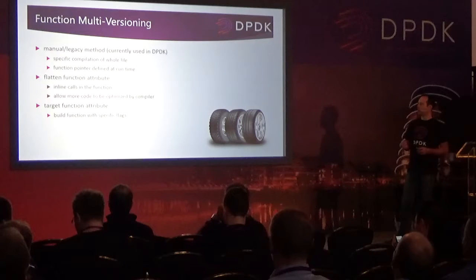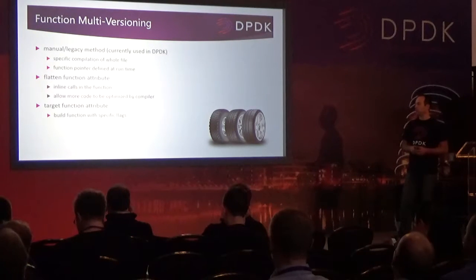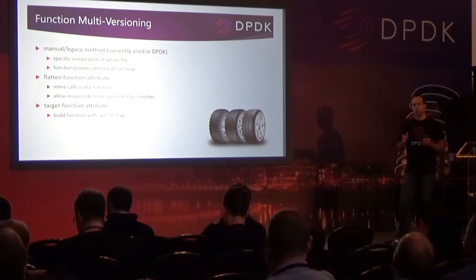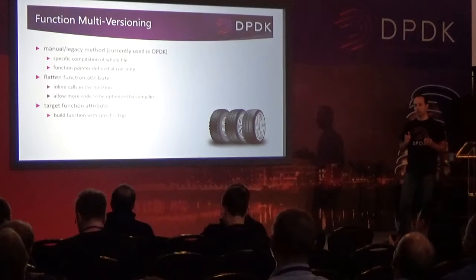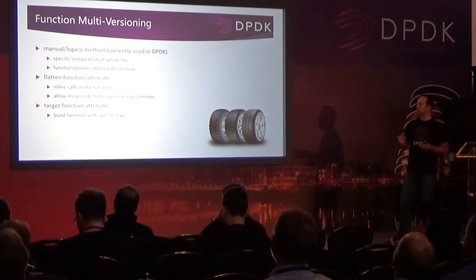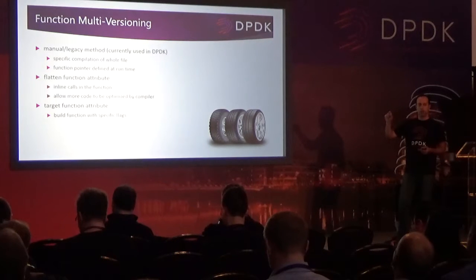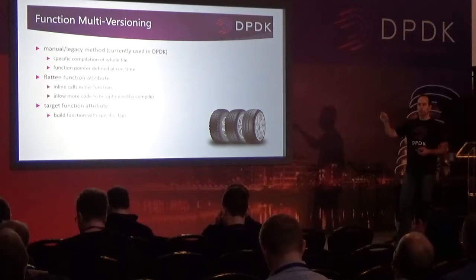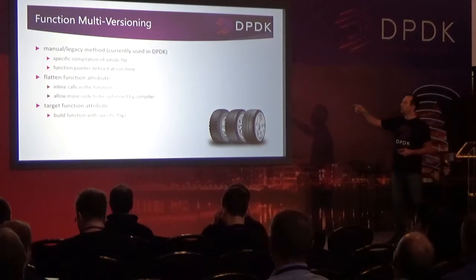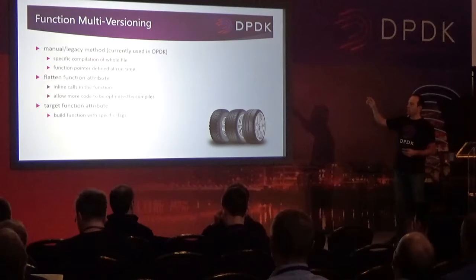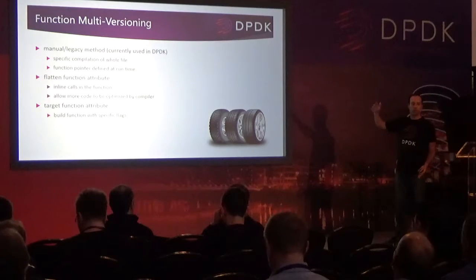Then another attribute, the target attribute, allows you to build a function specifically for one CPU capability. For example, you can write an AVX function and tell GCC, you have to build this function with the AVX capability. As I said previously, currently we are using a whole file which is built for AVX.